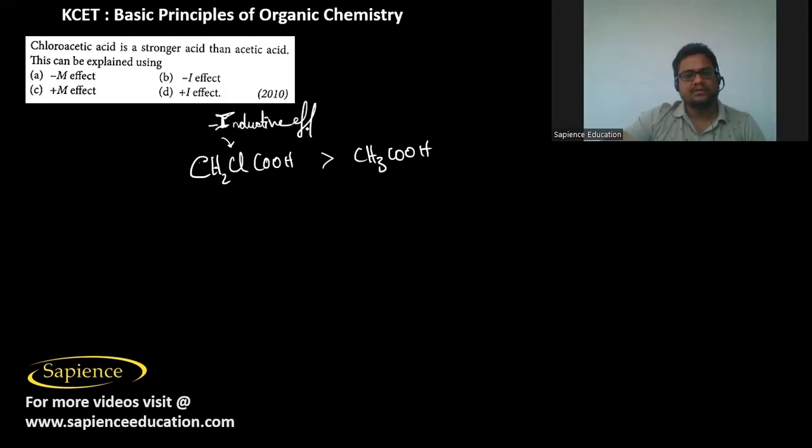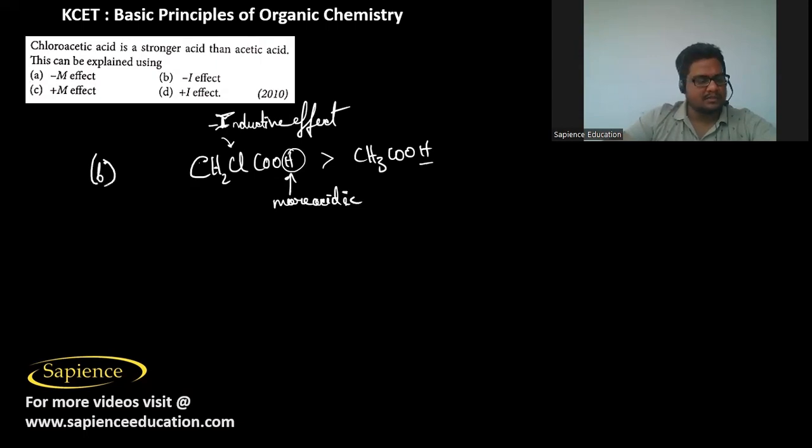So the hydrogen which is present here will be more acidic than the hydrogen in the acetic acid. So it can be explained by using minus I effect. Option B is the correct answer.